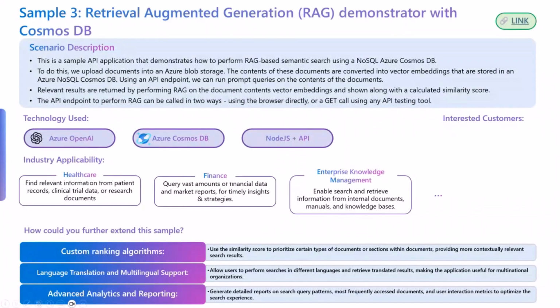In today's demo, we are going to see how a RAG-based semantic search works. The first question that generally comes to the forefront is, what is RAG? RAG stands for Retrieval Augmented Generation. The idea behind RAG is to improve the accuracy and the relevance of the generated response. How does it work?